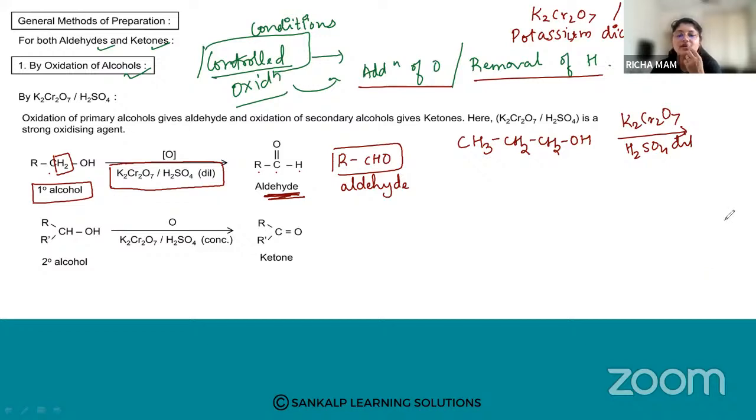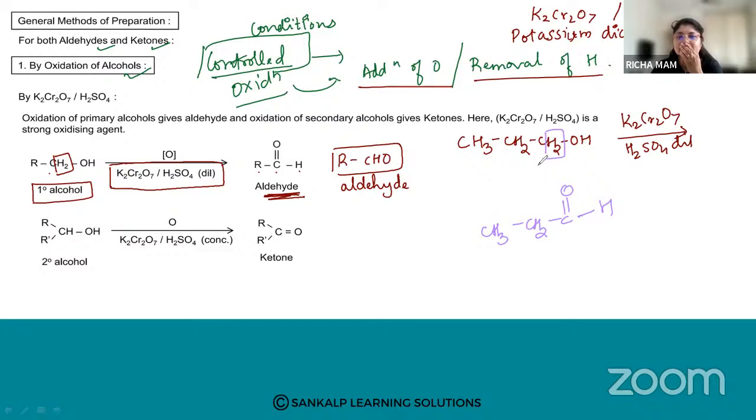Propanaldehyde. I'll get propanaldehyde, so H2 is removed.